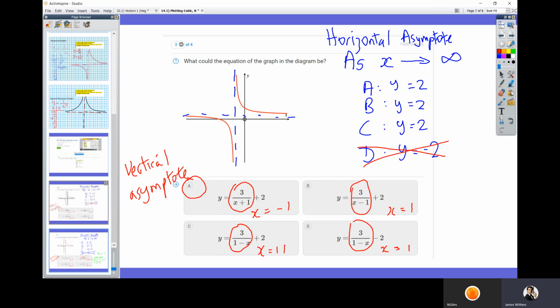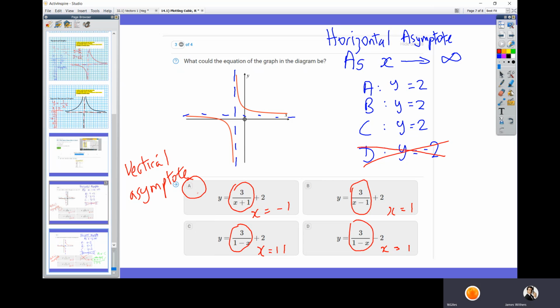So can you see with A that x equals -1 is what will make the denominator 0, so it won't work? Yeah. So 3 divided by 0 just won't work. The fact that you're adding 2 to it is neither here nor there. So x being -1 is where the vertical asymptote is if it's option A. Happy with that?